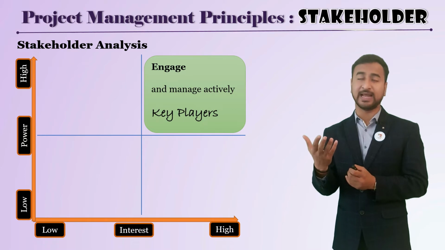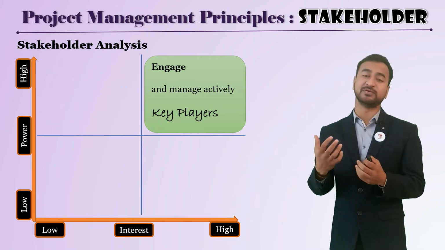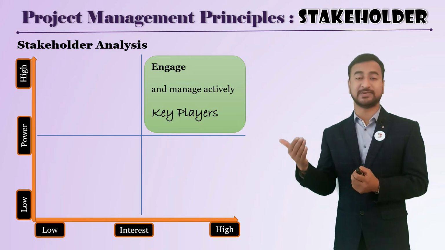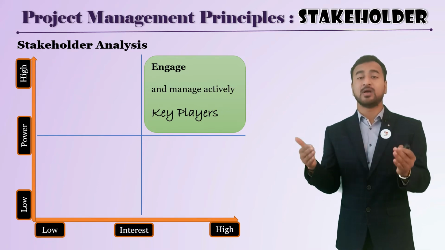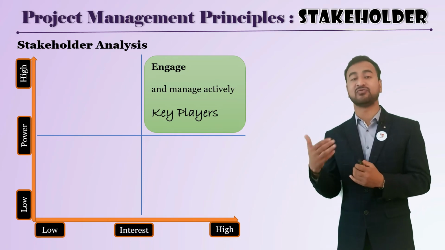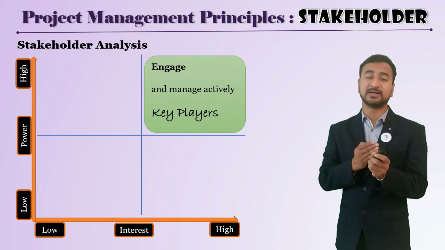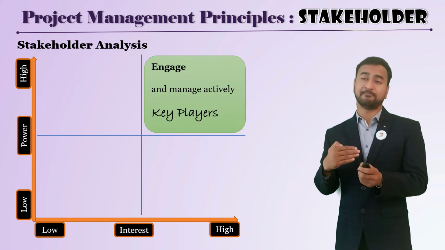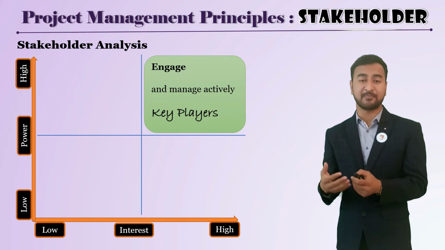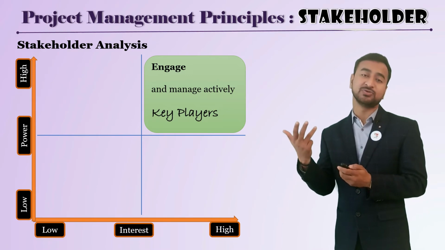In the COVID pandemic, we observed that the government played an indirect role. They came up with laws and regulations like quarantine, by which they indirectly influenced your project. So that is an indirect stakeholder. And the type of a stakeholder may change from time to time. In the beginning they are positive, at the end they might be negative. So you need to take care of all these things.